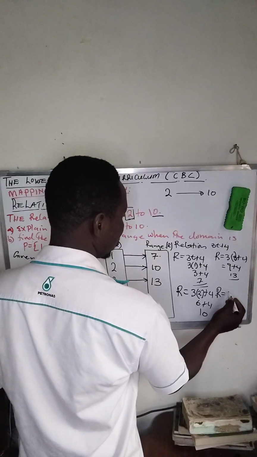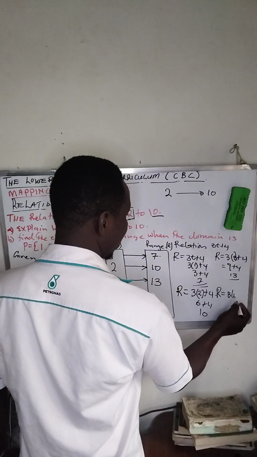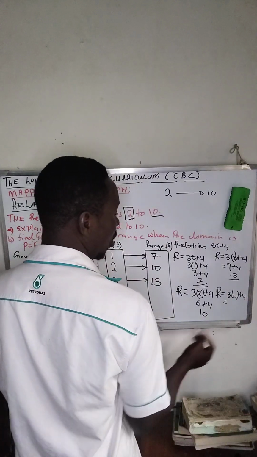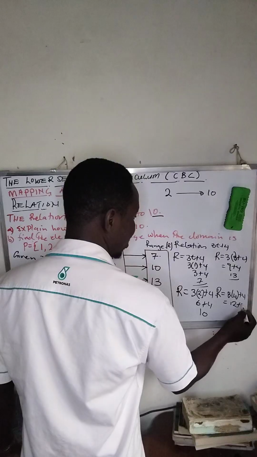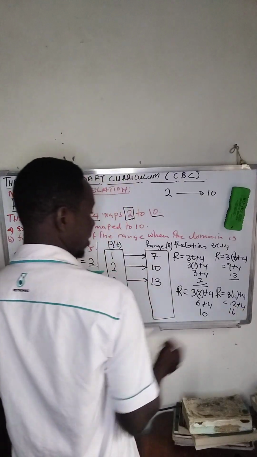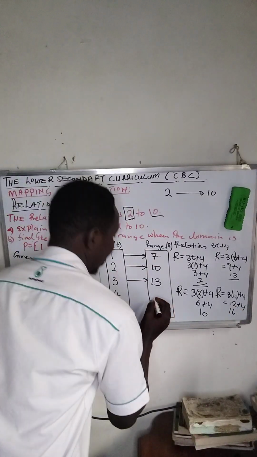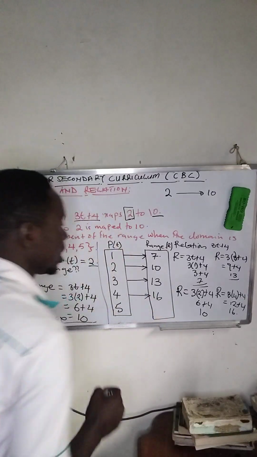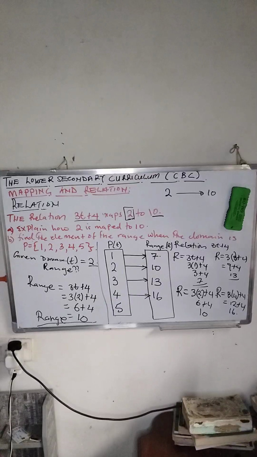R is equal to 3 into 4 plus 4. This one, 3 times 4, is 12, plus 4, which is equal to 16. It means our value of r is 16. Then we write 16, and we say 4 is mapped onto 16.